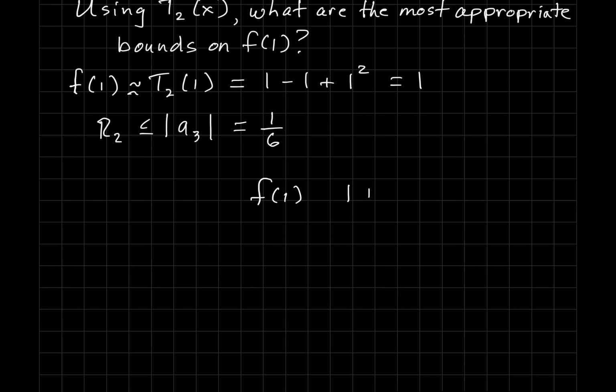But I know that I'm no more than 1/6 away from my guess, in either direction. So as it stands, I have that good bounds on f of 1 are somewhere between 5/6 and 1 plus 1/6. You'll see why I didn't simplify that yet.